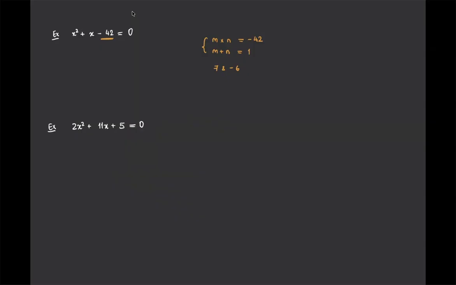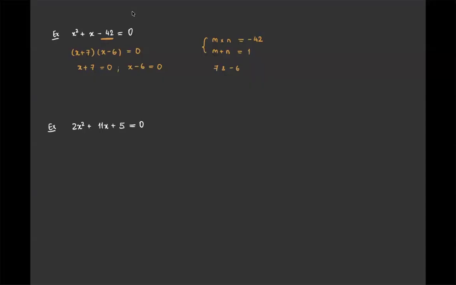And so I can factorize the left-hand side of my equation as x plus 7 times x minus 6 equals 0. And whenever we have a product of 2 terms equaling 0, we can say that any one of the terms must equal 0, which means that either x plus 7 equals 0 or x minus 6 equals 0.